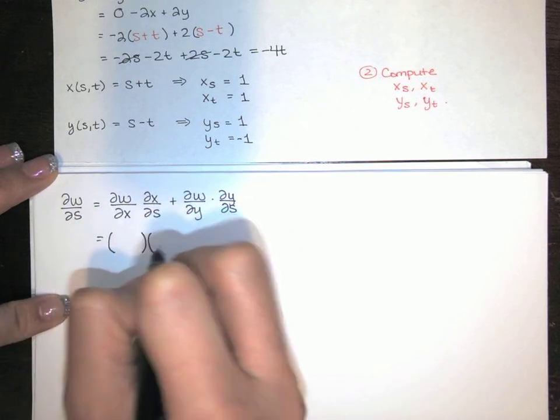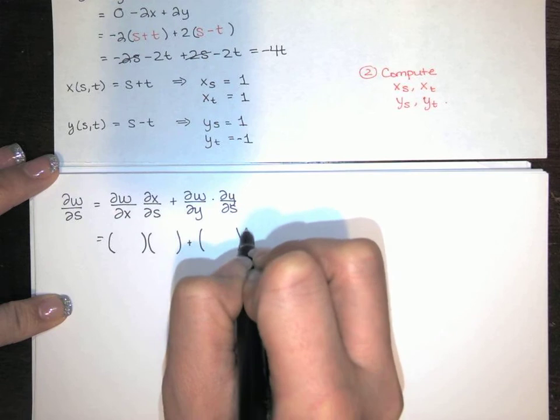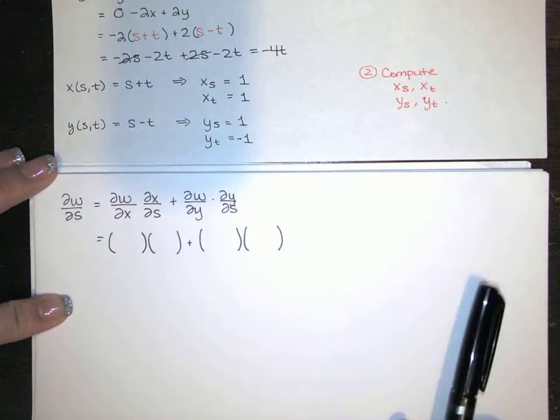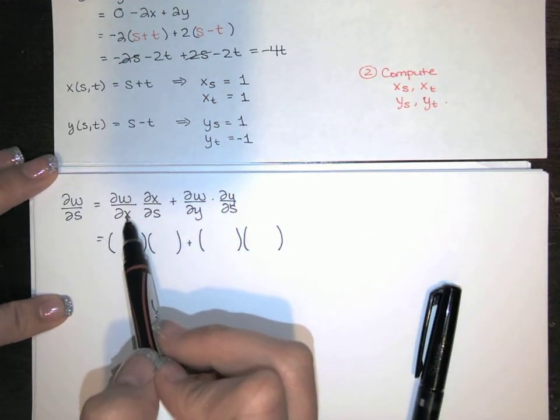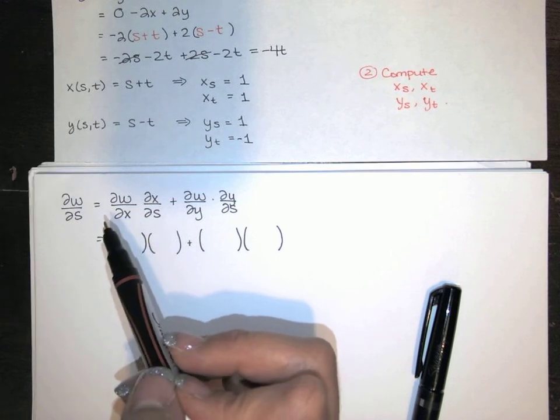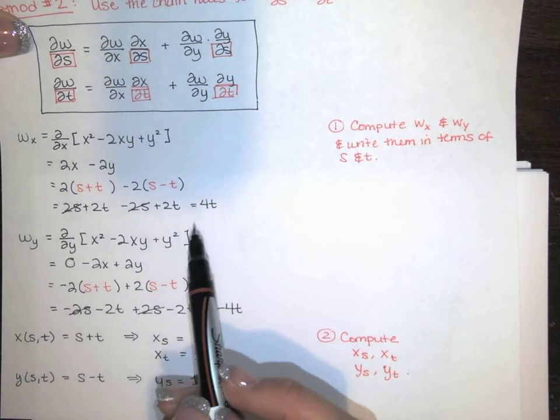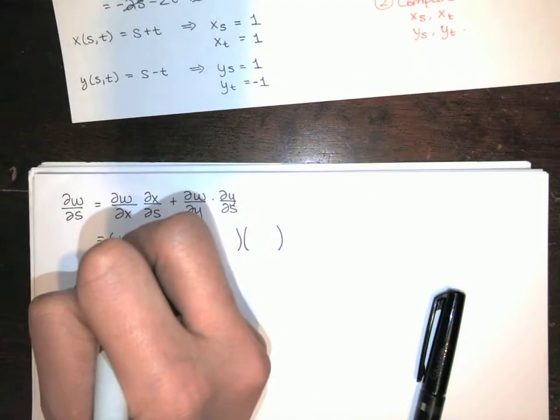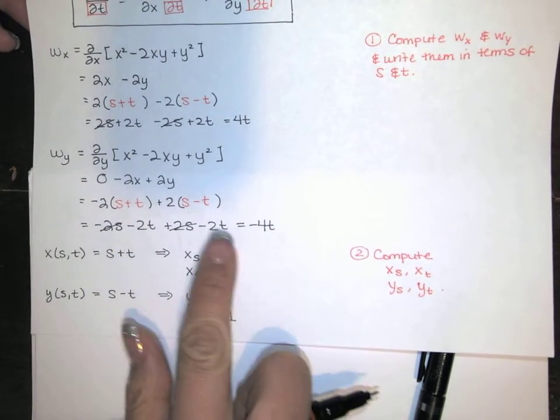So I'm just substituting everything in. I always put parentheses as placeholders. Partial of w with respect to x in terms of s and t turned out to be 4t. Partial of w with respect to y in terms of s and t turned out to be negative 4t.